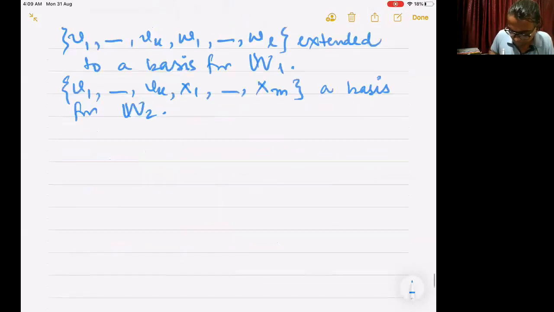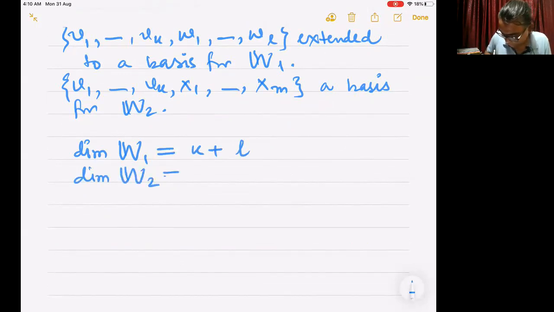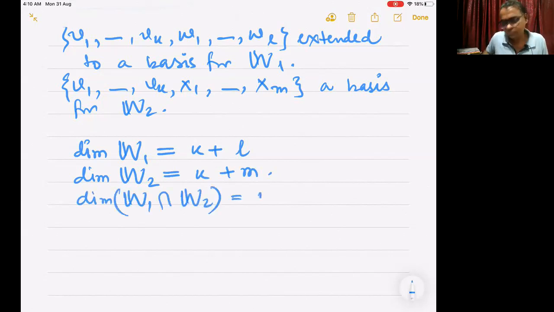With this, what does that mean? Of course, dimension of W1 is then equal to K plus L. Dimension of W2 is equal to K plus M. And of course, dimension of W1 intersection W2 is nothing but K. This just follows from the earlier results and the way we have constructed.